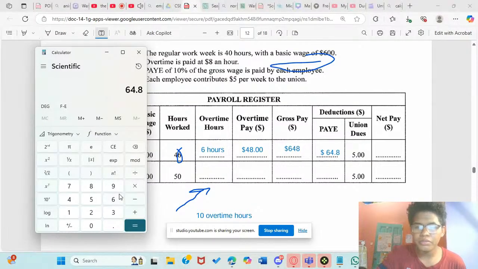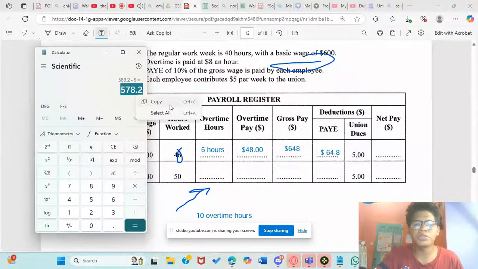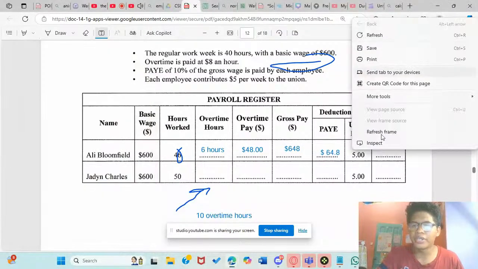I suppose I put the 648 minus the 64.8, equals that, minus the union fees 5.00, and then we will have a total value of 578.2. Copy that, and that will be the overall net pay.